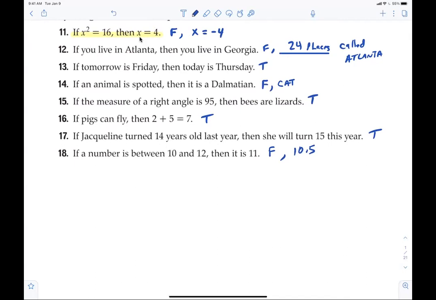If an animal is spotted, every spotted animal is a Dalmatian, is what you're asking me. No, it's not.